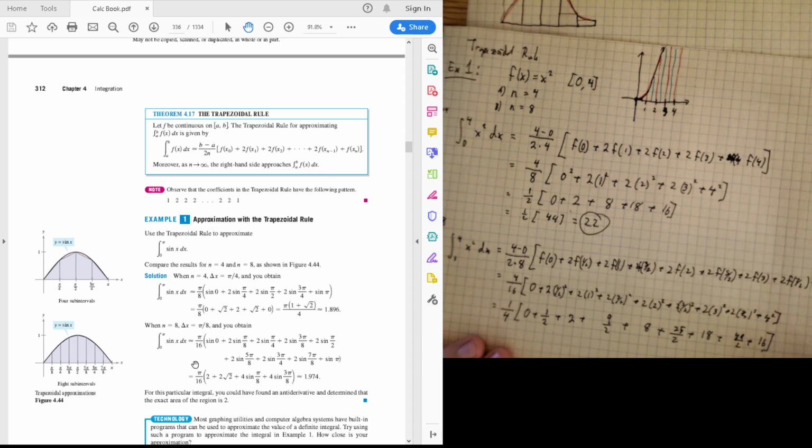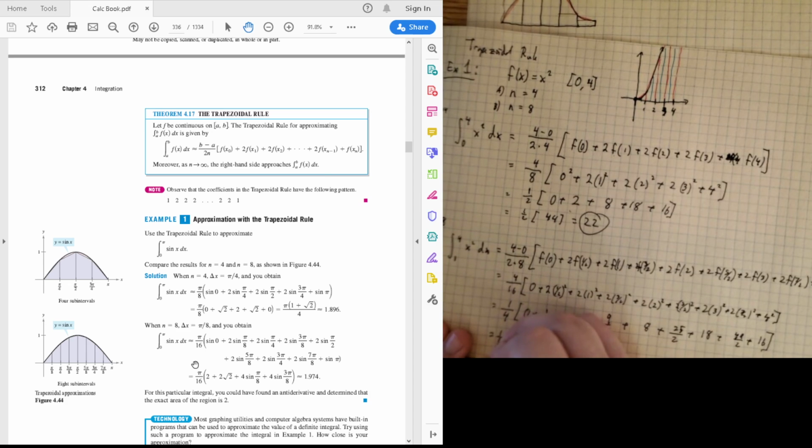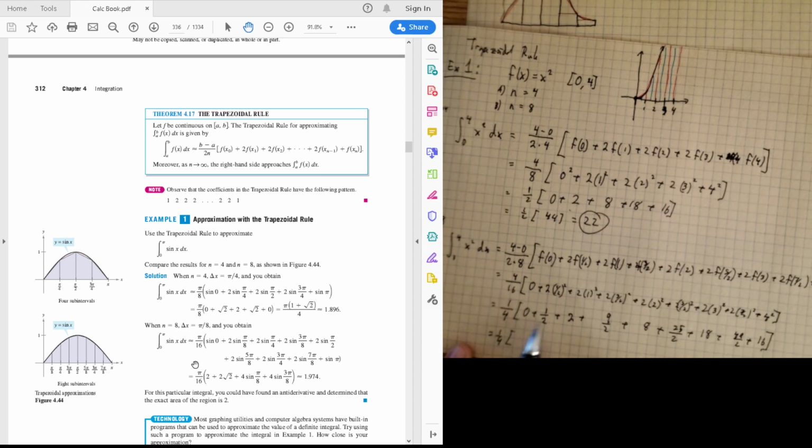All right, let's put them together. 1/4 times, okay, 0 plus a half is 1/2 plus, okay, I'm going to do the easy ones first.